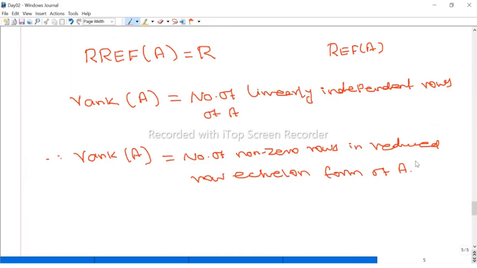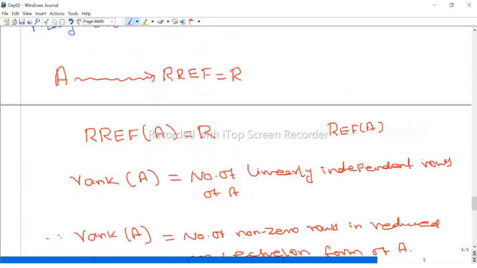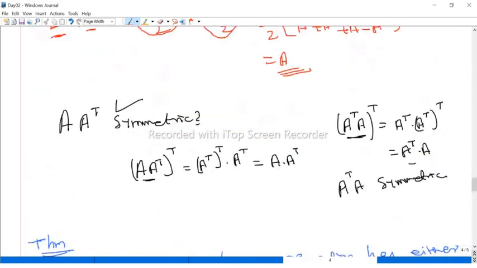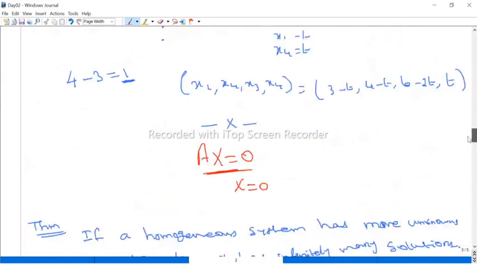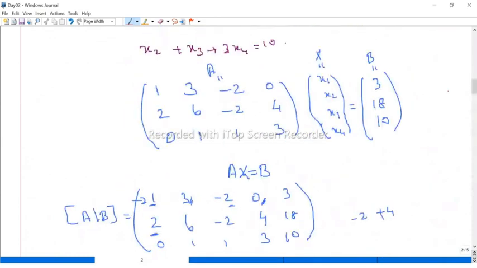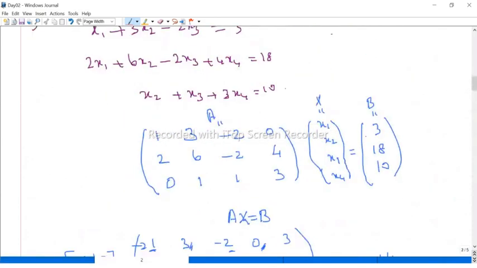Now in the previous example, this is our original matrix A. What is the rank of the matrix? There are three rows, so we would have to check the number of linearly independent rows, which is very hard to find.